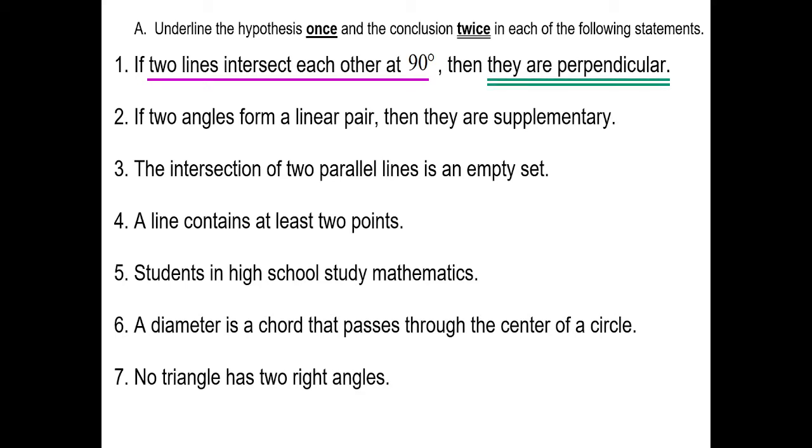That's totally right. So our hypothesis, 2 lines intersect each other at 90 degrees. The conclusion, they are perpendicular. Okay, go on. That was Elka.